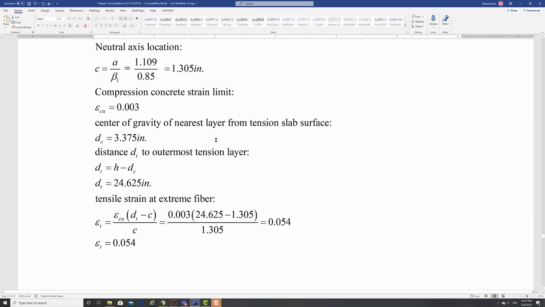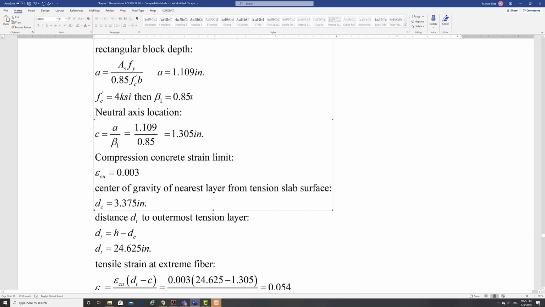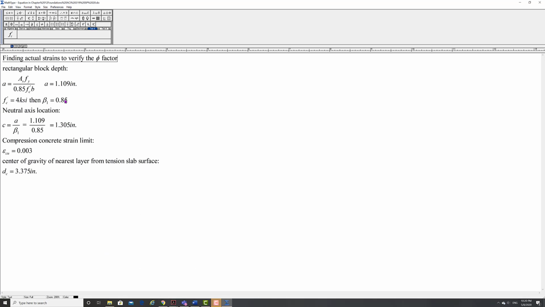So my beta 1 then is not 0.85, it's 0.825, because we are using 4.5. And so that changes here. We got some changes. These are not going to affect the final design, but it's a change. So it's 1.344.